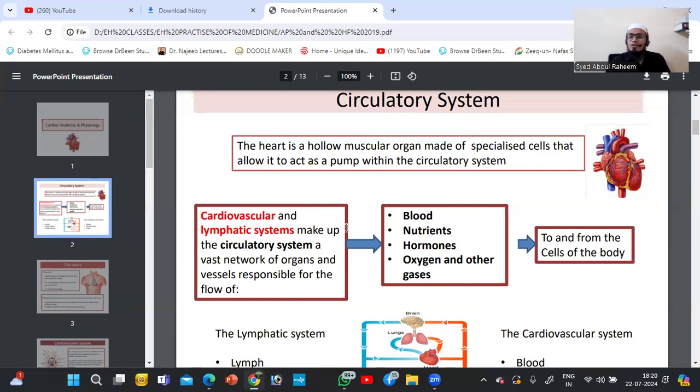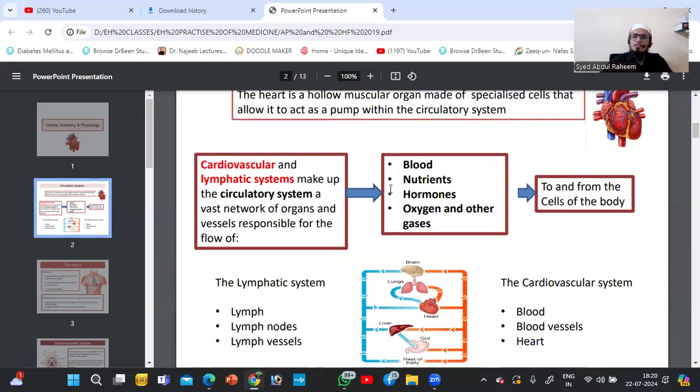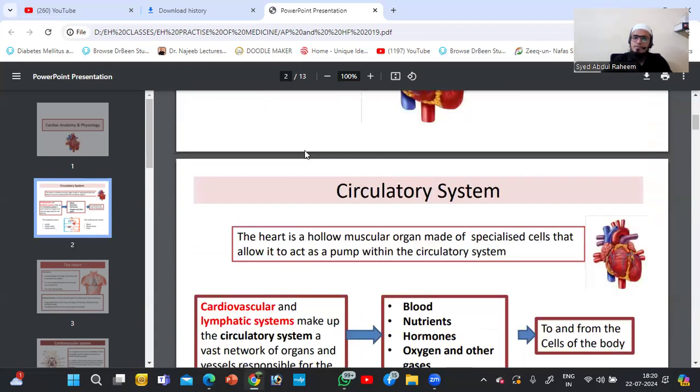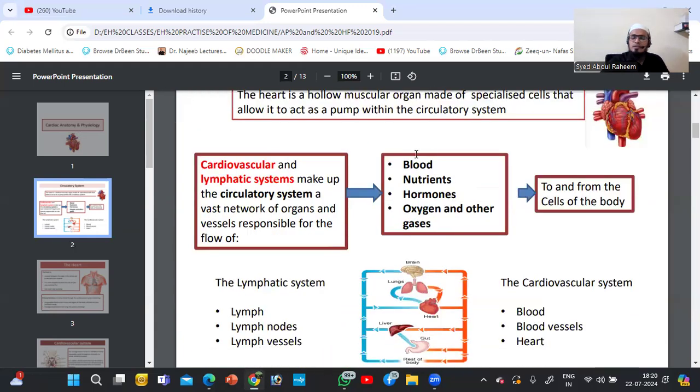Its work is only to pump the blood to the several parts of the body, so that they easily get the nutrition to form energy, and oxygen. So these are the things we have to remember, other than all the accessories which help.